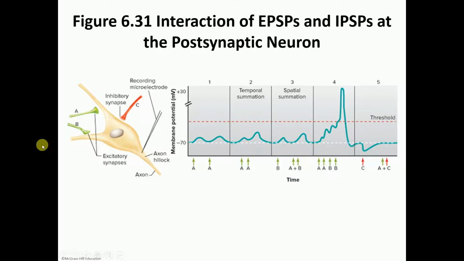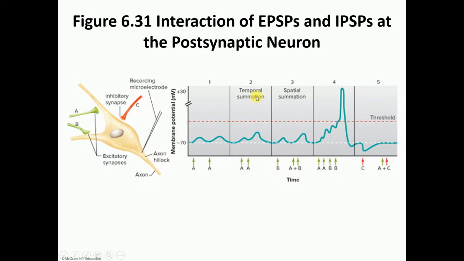So we will see if the postsynaptic neuron gets one stimulus from A, that would lead to a little tiny EPSP. If it gets another one, it gets another tiny EPSP. Neither one reached the threshold, so these are graded potentials, and it moves on. So nothing changed in that cell. But let's say we got two EPSPs from neuron A, and they were very close to each other time-wise.